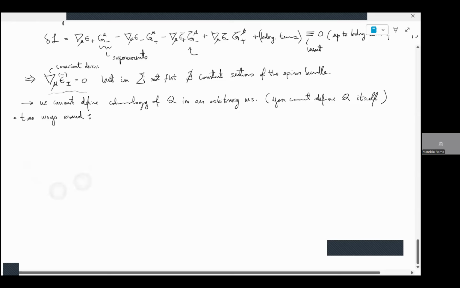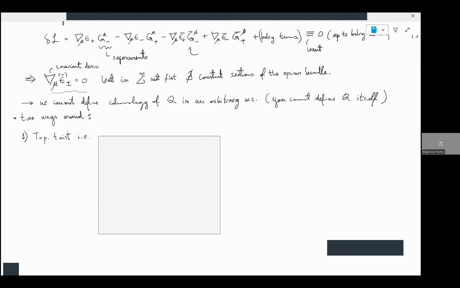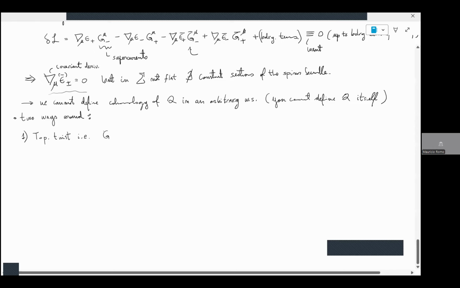So one way around is something that comes from the 80s. It is to perform a topological twist. If you perform a topological twist, that means very roughly, if I write it very fast, I declare the group of Lorentz rotation, which I call G prime, to be U1 prime. In this case, the group of Lorentz rotation is just a U1.